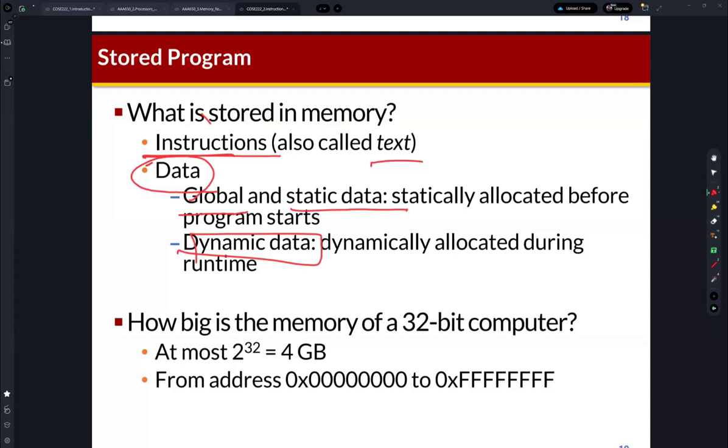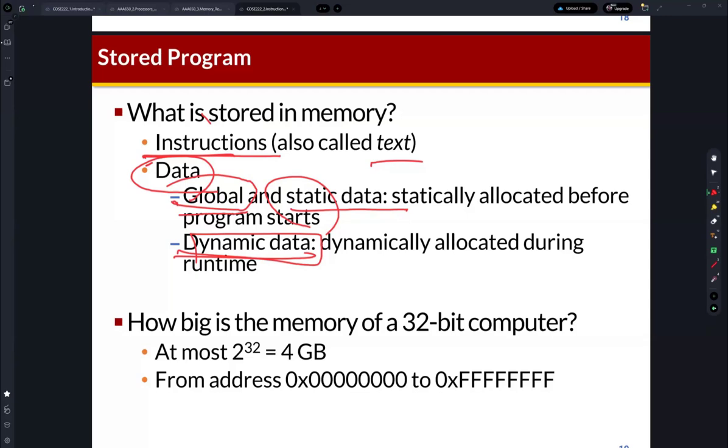It is because C is a kind of low-level language, which means that C is closer to hardware. That's why C defines the global variable, static variable, and we can also allocate the data dynamically.